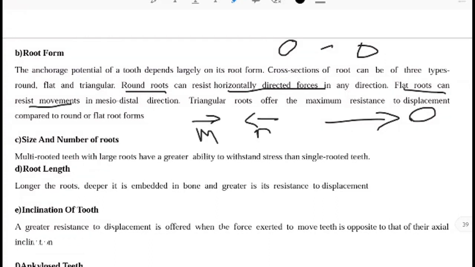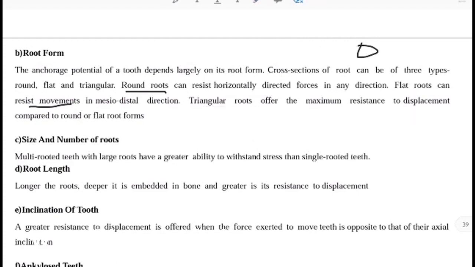If it's a triangular root, they offer maximum resistance to displacement compared to round or flat root forms. So this happens with root form.